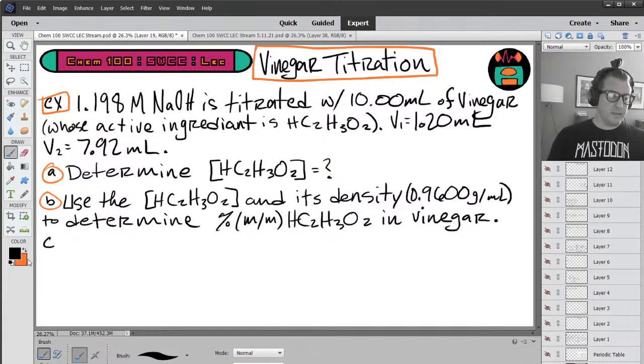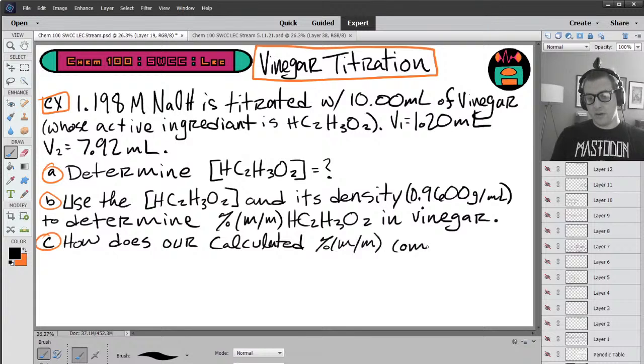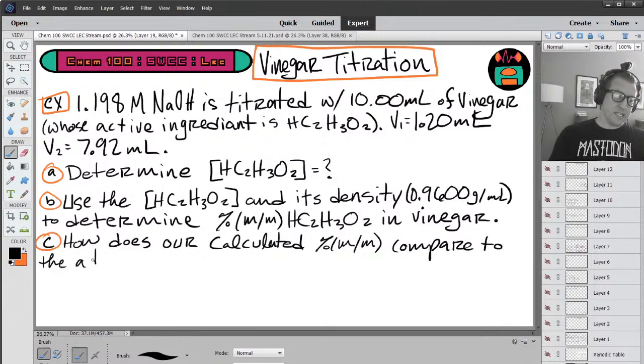Then part C. How does our calculated percent mass compare to the advertised mass?